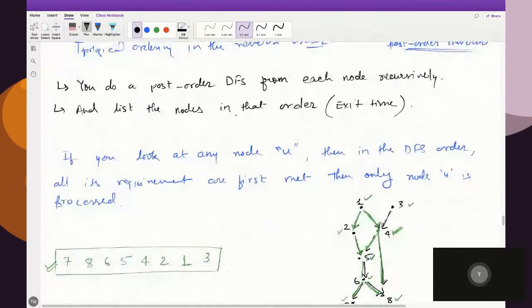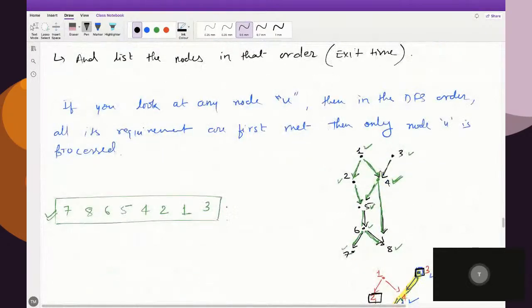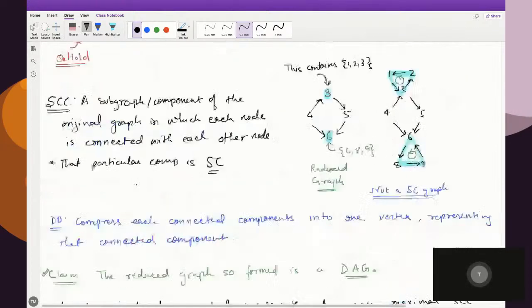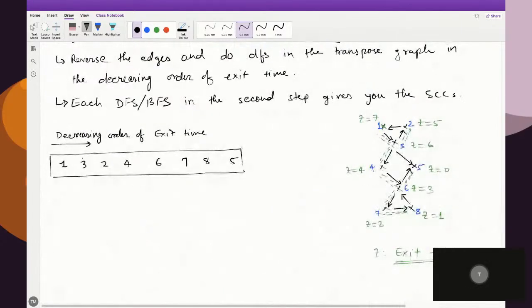So if you order the nodes according to exit time, this is nothing but the topological ordering if it were a DAG. But since the given graph right now is not a DAG, we cannot say that it is a topological ordering, but something similar has been done here, right? So okay, now the next step is what?